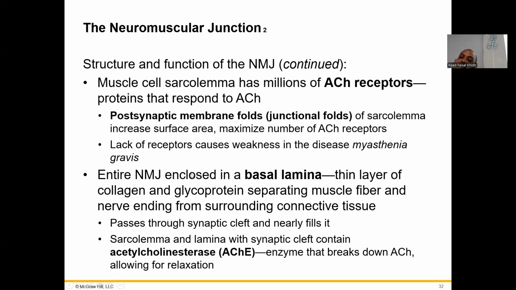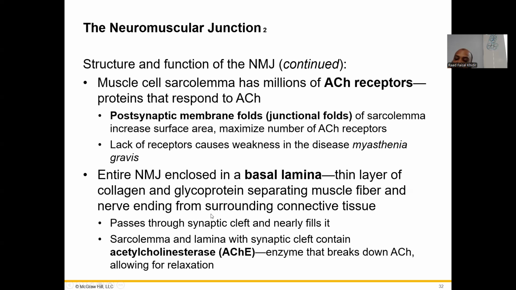So the entire neuromuscular junction is enclosed in the basal lamina. It is a thin layer of collagen and glycoprotein, separating the muscle fiber and the nerve ending from the surrounding connective tissue. It passes through the synaptic cleft and nearly fills it.